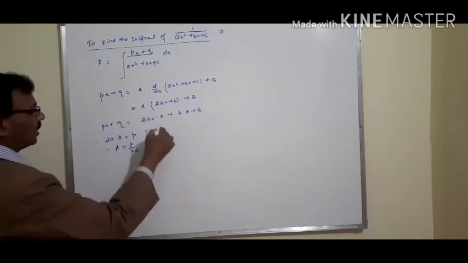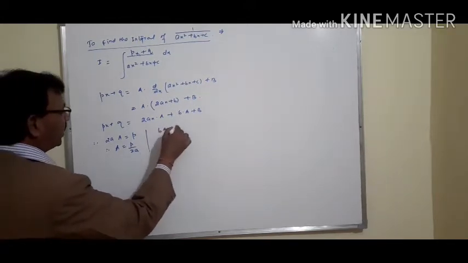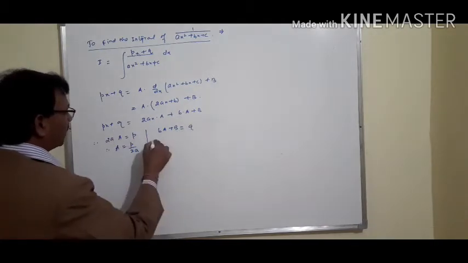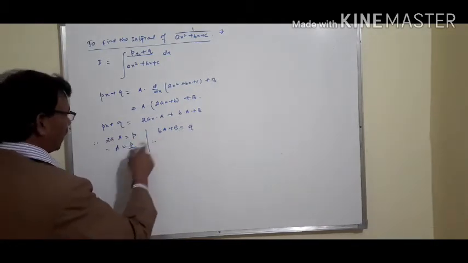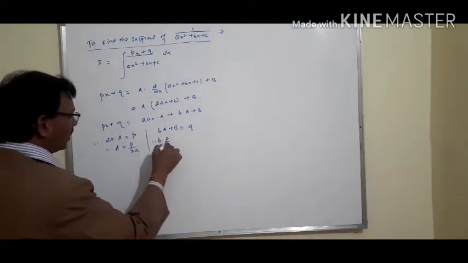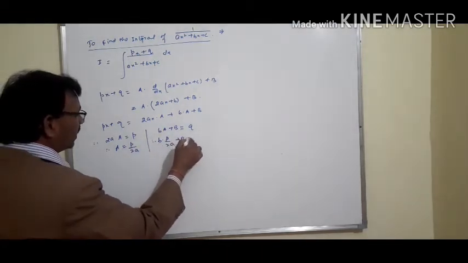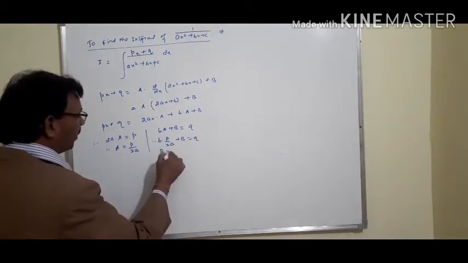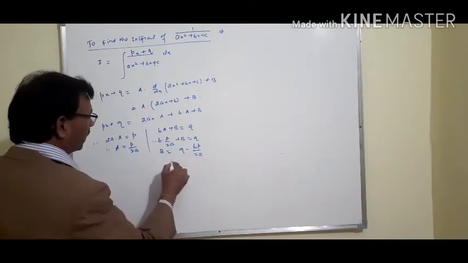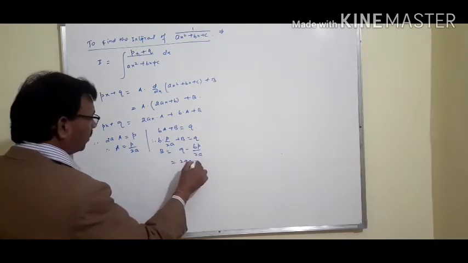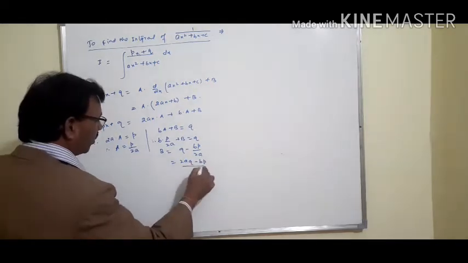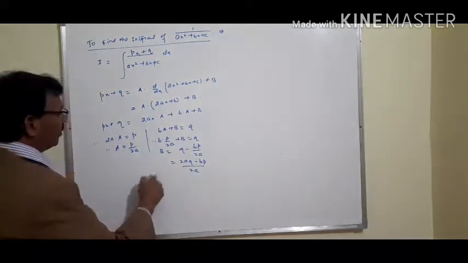And here Ab + B equal to the constant, and here the constant is q. Therefore, on the place of A we can write p upon 2a, so (p/2a)b + B = q, or capital B = q minus bp upon 2a, or B = (2aq minus bp) whole upon 2a. This is the value of B.